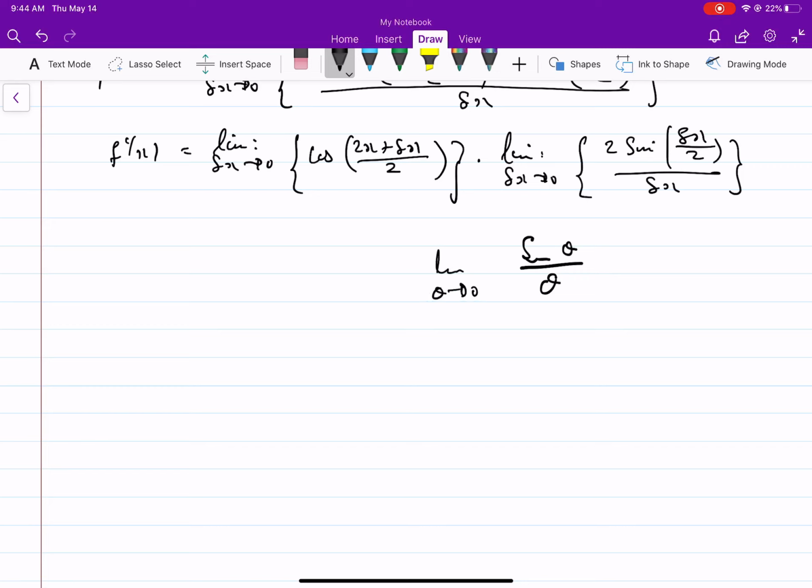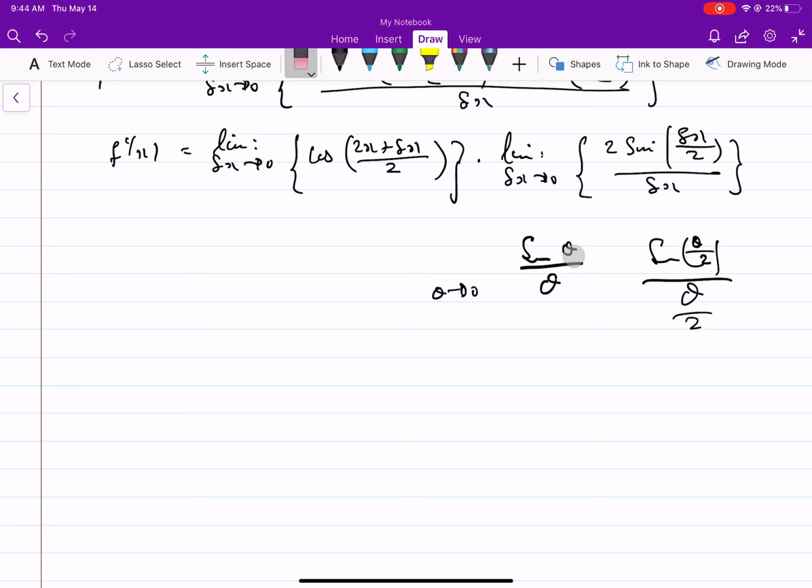Except it's in the form sine of theta upon 2 upon theta. So I kind of need a theta upon 2 to join that, don't I? So what I'm going to do is divide both numerator and denominator by 2. Let's see if that makes sense.